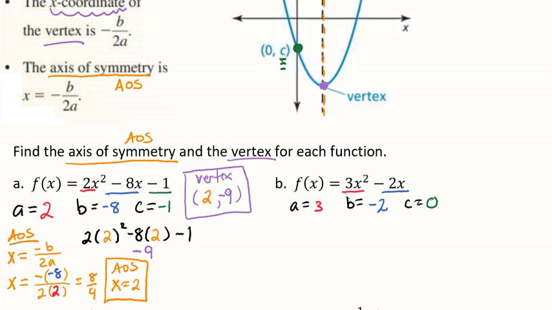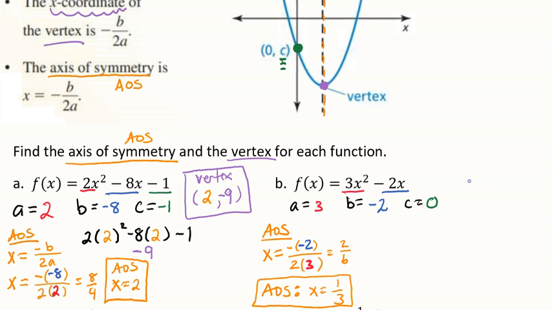From here, we're now ready to find our axis of symmetry, which is x equals negative b over 2a, negative b over 2 times a. So we're going to plug that in. We'll plug in our negative 2 and our 3, which is going to give us a value of 2 over 6, or 1/3. So we have an AOS of 1/3.